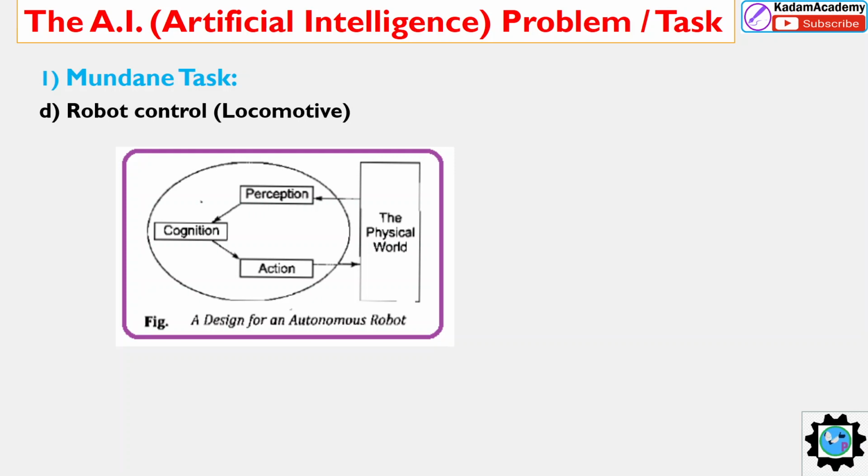In this rectangle block, the physical world, perception involves interpreting sights, sounds, smells, and touch, and action includes the ability to navigate through the world and manipulate objects. AI is concerned only with the cognition.